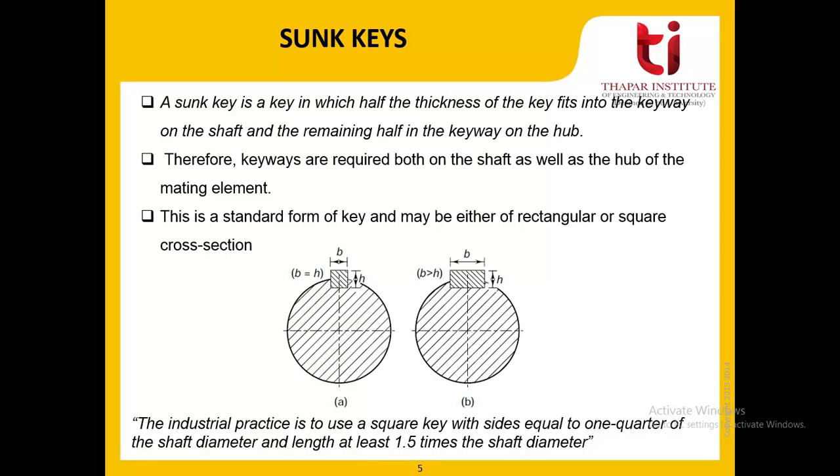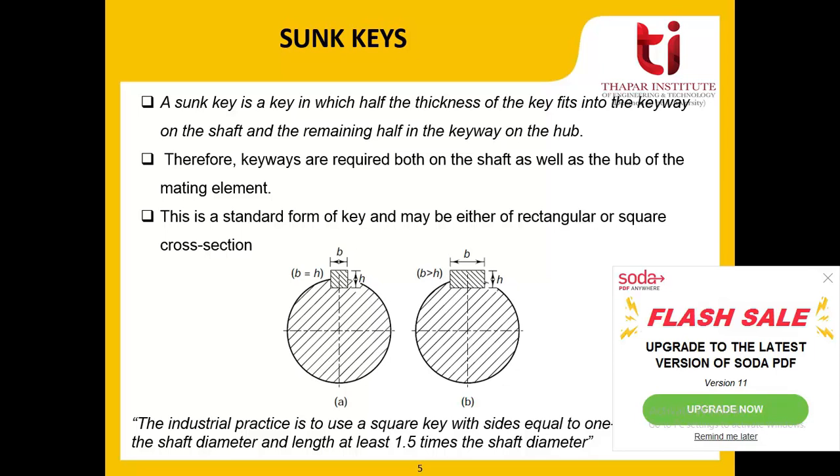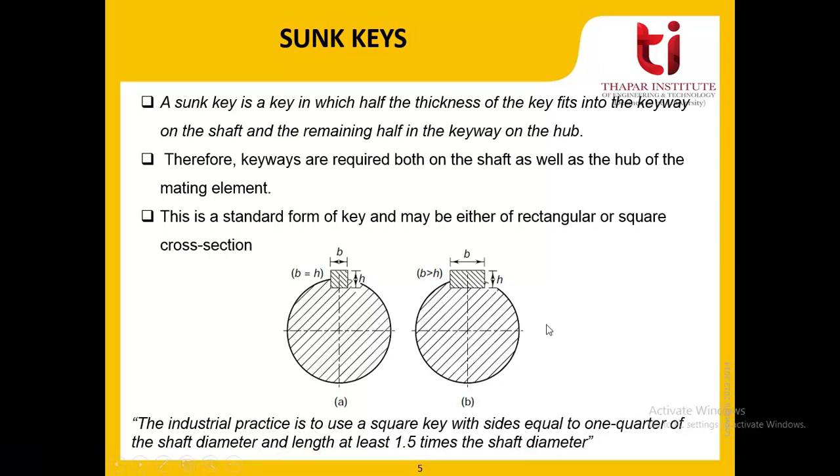And one important point to keep in mind here is, in general, the width B and thickness H for a square key are 1/4 of the diameter of the shaft. That means if in the preliminary design of a shaft, let us say you have decided the shaft diameter as 20 mm, so width and thickness will be 5 mm, and the length will be 1.5 times the diameter, that is 30 mm. So that is an industrial practice standard which is being used for the design of sunk keys.